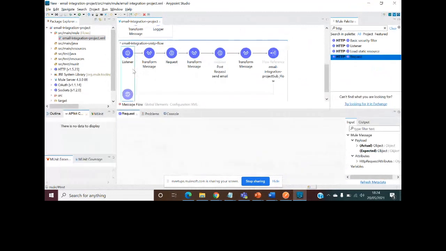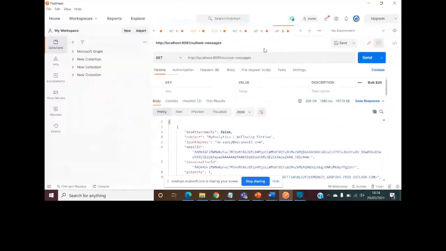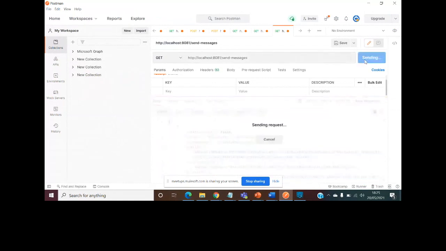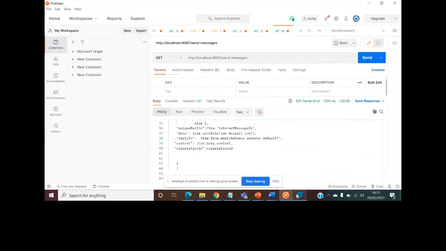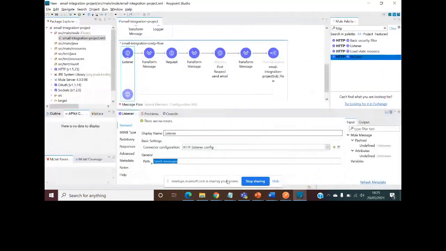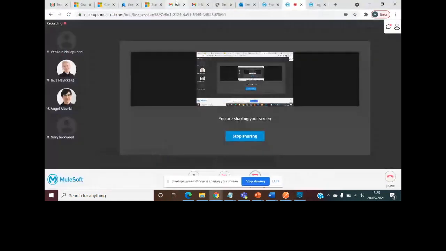Sorry, I think I used the send message. Oh, it has some errors. Anyway, it's got some cool features that I have tried earlier, where I can get some messages into the space.